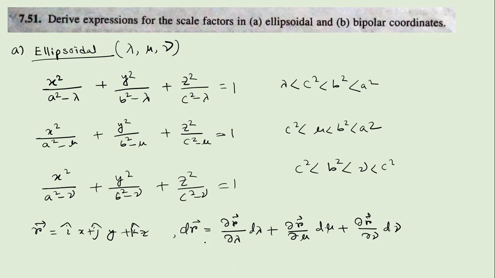So after calculating dr vector, you need to find out ds square, which is nothing but dr vector into dr vector. Okay, which can be written as h lambda square d lambda square plus h mu square d mu square plus h nu square d nu square.